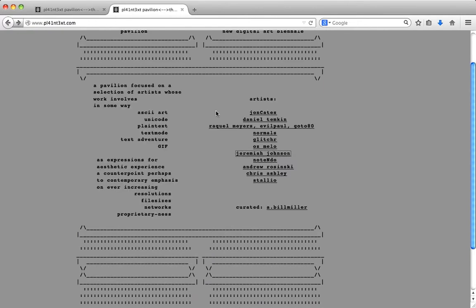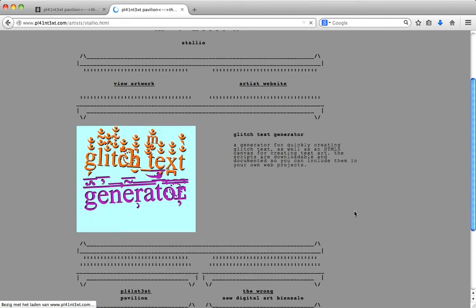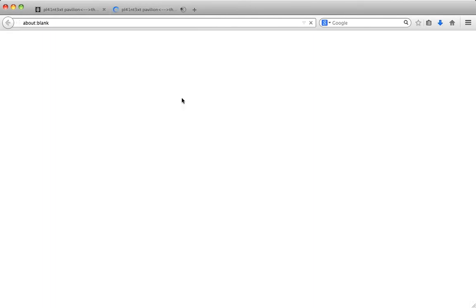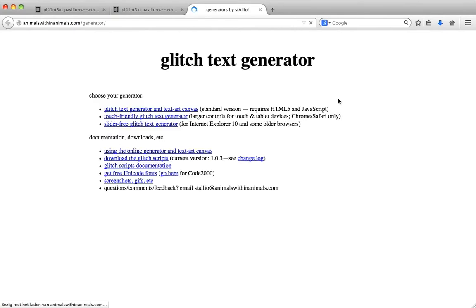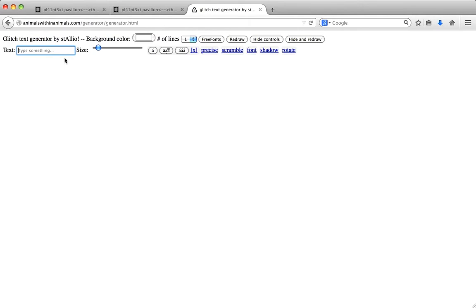There's other really great work in the pavilion, and those are just a couple of them, but one last one real quick: Stilio made a glitch text generator. It uses combining diacritical marks and things like that.